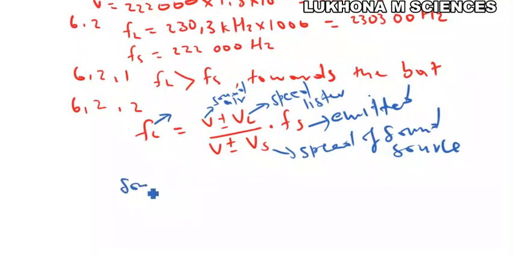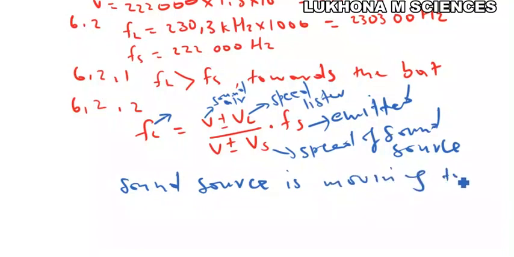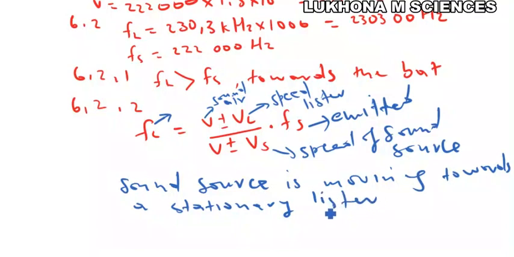The sound source is moving towards a stationary listener, which is a bird in this case. Okay, so let's work out the formula.